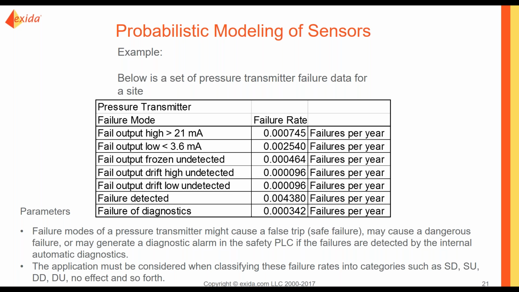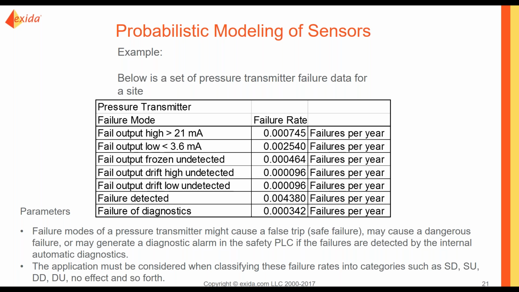You have your fail if output is frozen undetected, fail output drift high undetected, fail output drift low undetected, failure detected, and failure of diagnostics. Each of those has a failure rate associated with it, along with failure modes.